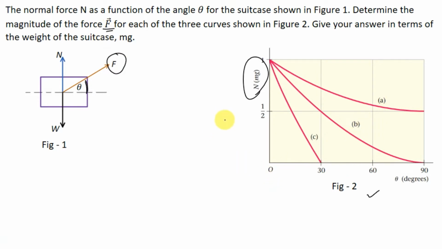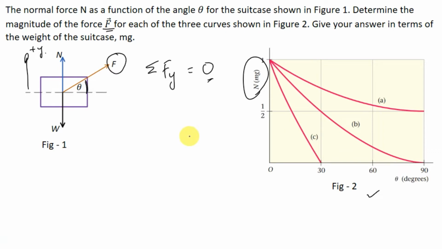Okay. First I'll apply Newton's second law of motion in the vertical direction, and I'm taking this direction as positive y. So I can write that sigma Fy equals 0. This is the net force in the y direction, and it equals 0 because there is no acceleration in the vertical direction.